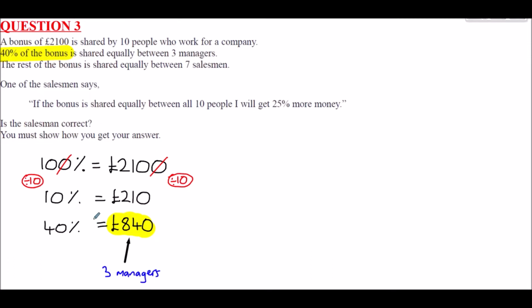So if the 3 managers are getting 40%, that means that the 7 salesmen are getting the other 60%. So we can take the 10% and multiply by 6 to work out what 60% is. So let's do that now.